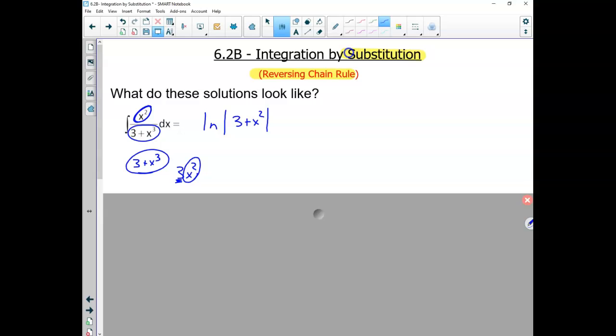I wouldn't need the absolute value on this one because any x I put in there is going to be positive. Sorry, that's cubed, not squared. Well, my chain rule is going to give me the 3x squared, and I only want an x squared out. Oh, I need that 1/3 plus my c to get me there, okay?